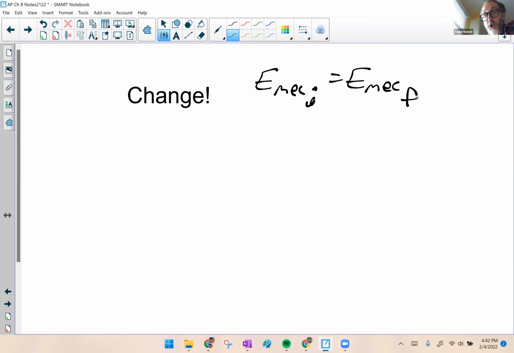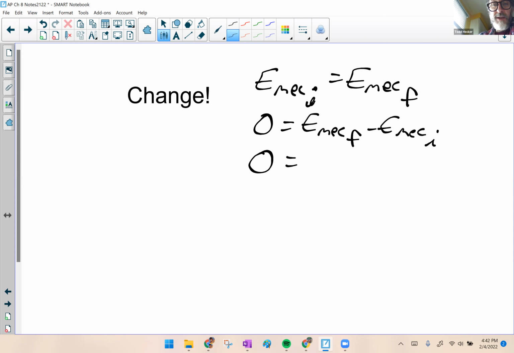If I subtract initial from both sides, my final mechanical energy minus my initial mechanical energy is 0 because they're equal. That means my change in mechanical energy is 0.